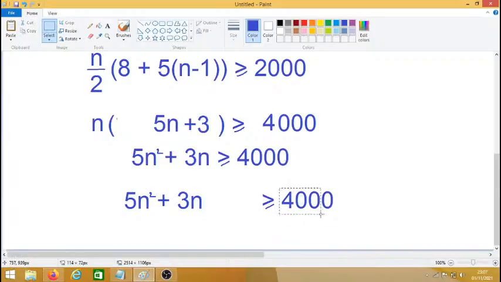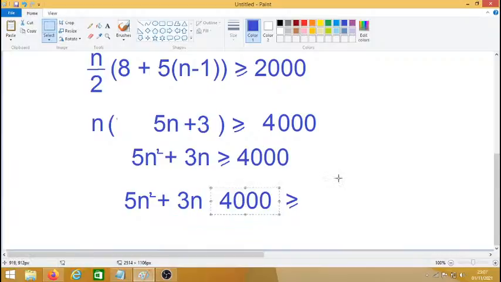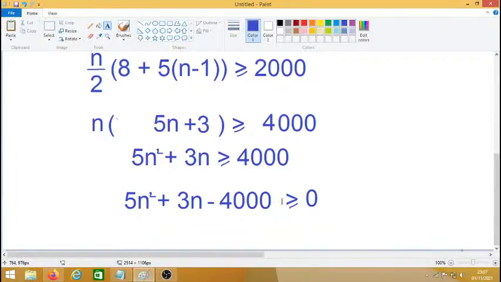It can solve the quadratic for you. So if you put that in and then just read out what the answer is. So that's 5n squared plus 3n take away 4,000, has to be bigger than or equal to 0. So even though it's an inequality, just put it in as normal and you should get what n is.